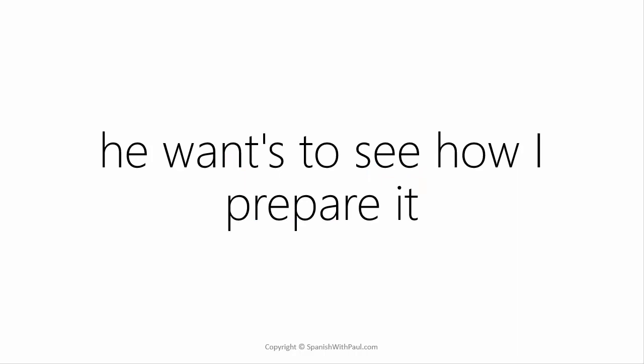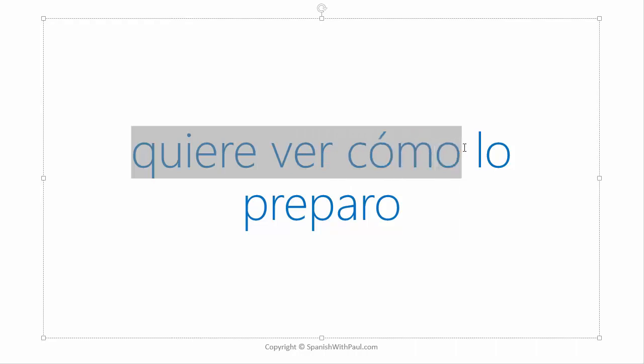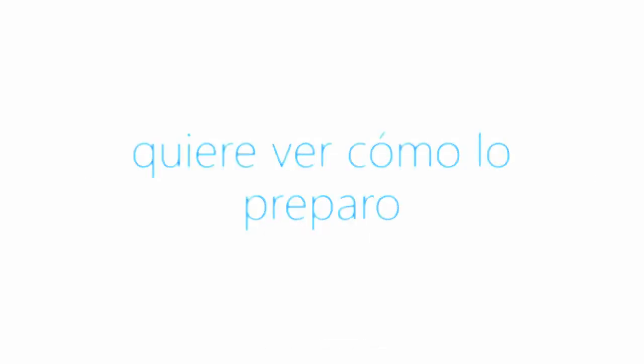Now try to say he wants to see how I prepare it. Quiere ver cómo lo preparo. So he wants to see, quiere ver. How is cómo. So he wants to see how, quiere ver cómo I prepare it, lo preparo.